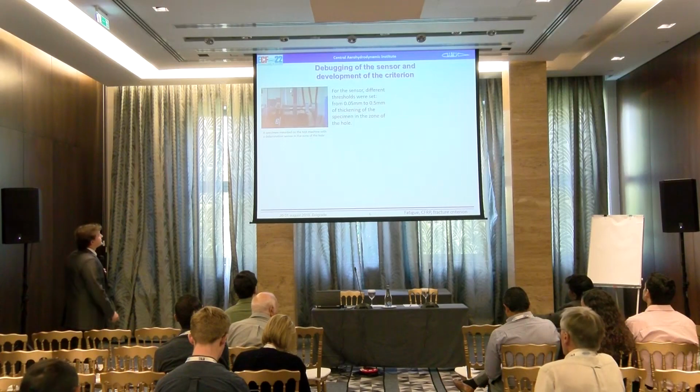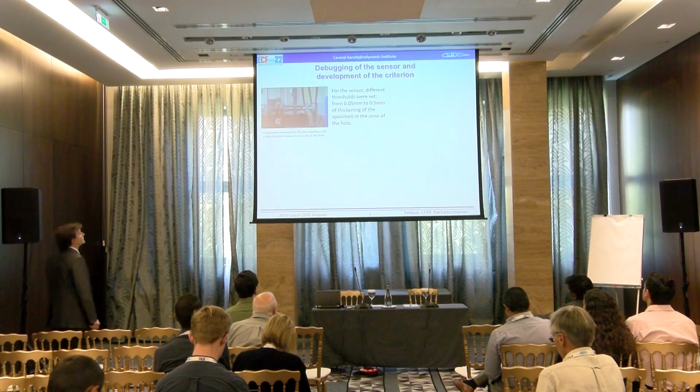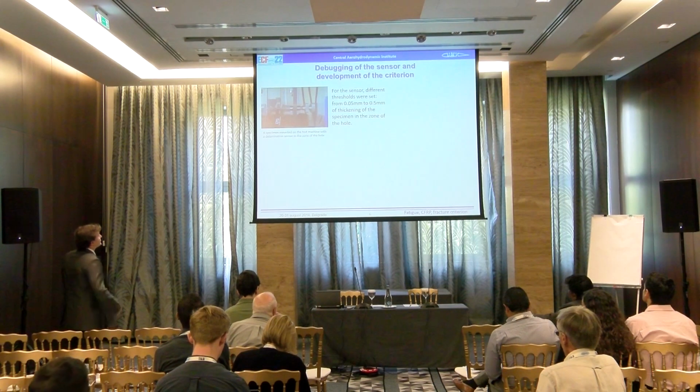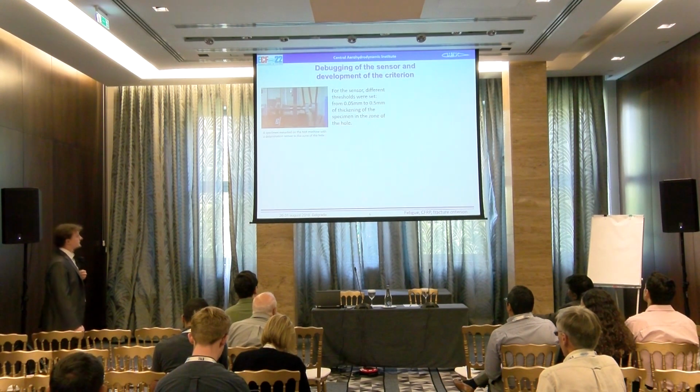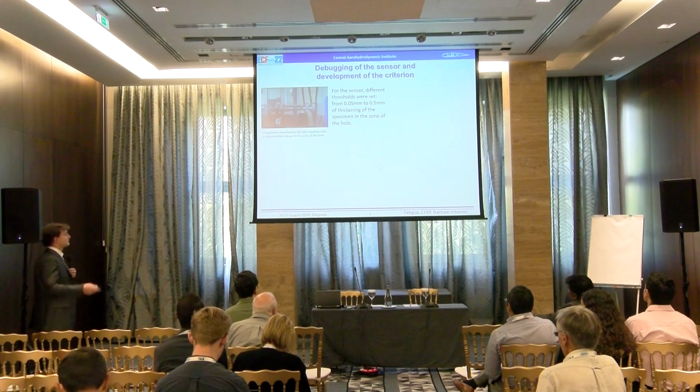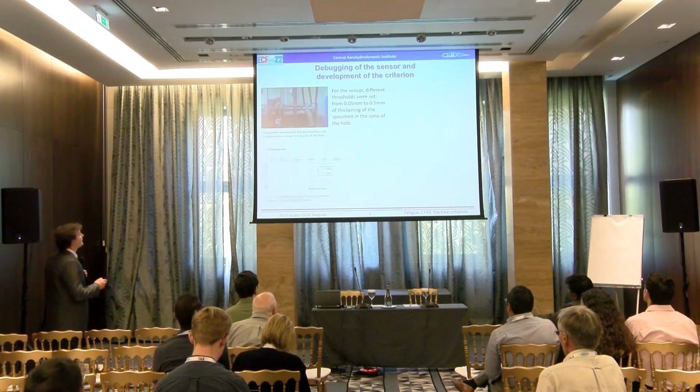And for this sensor, different thresholds were set from 0.05 to 0.5 millimeters. And when these thresholds were reached, specimens were removed from the machines, and ultrasonic non-destructive testing was carried out on them.